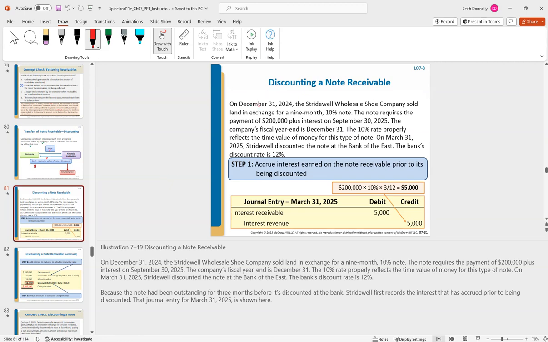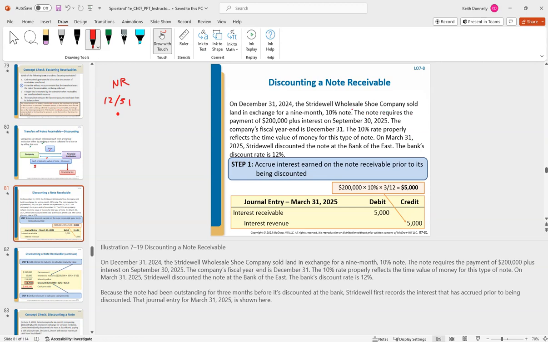On December 31st, 2024, we sold land in exchange for a 9-month, 10% note. We get a note receivable. That's great.